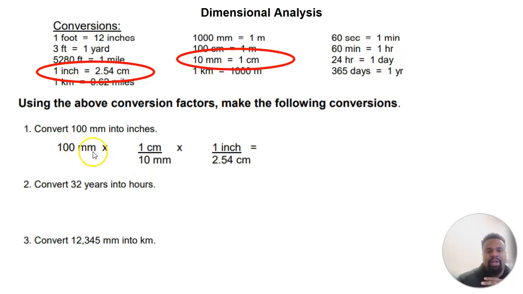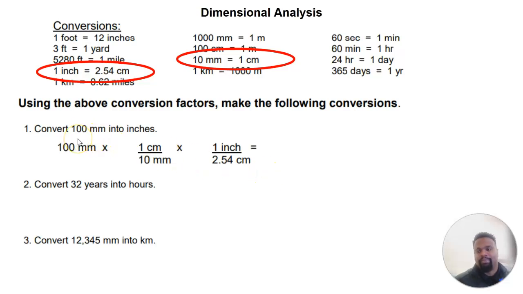When I multiply, this will be 100 millimeters times 1 centimeter divided by 10 millimeters. Millimeters divided by millimeters cancels out. The unit is gone, leaving you with 100 centimeters over 10 times 1 inch over 2.54 centimeters. Now we take this next conversion, and these 2 centimeters cancel out, leaving you with just inches.